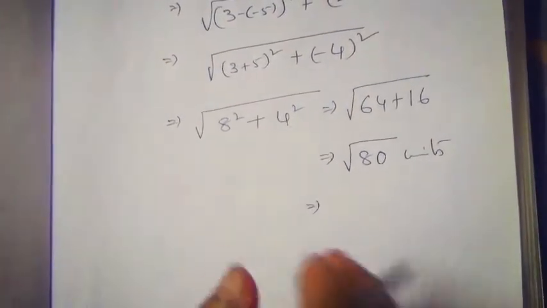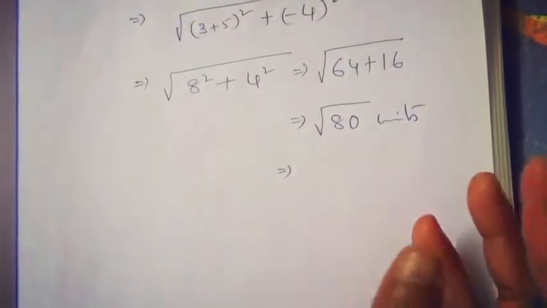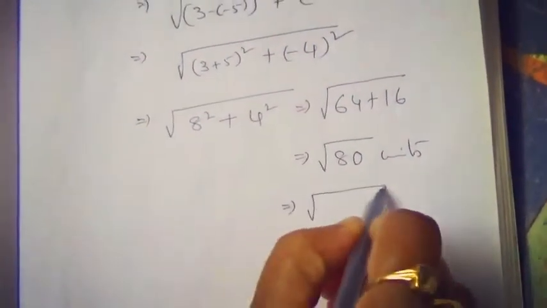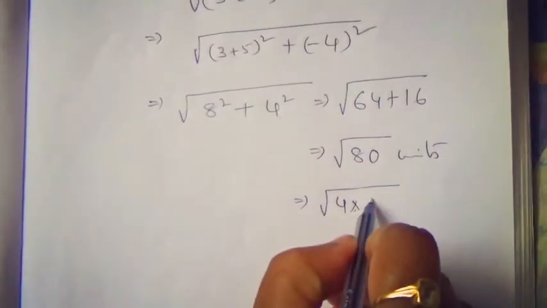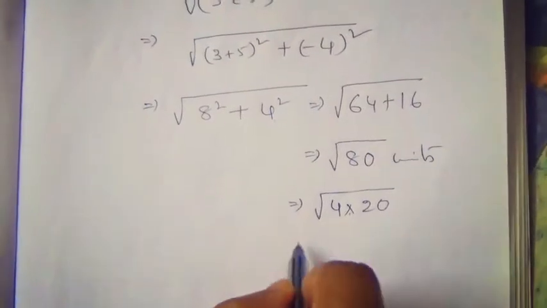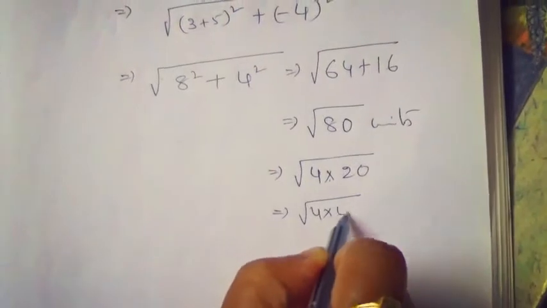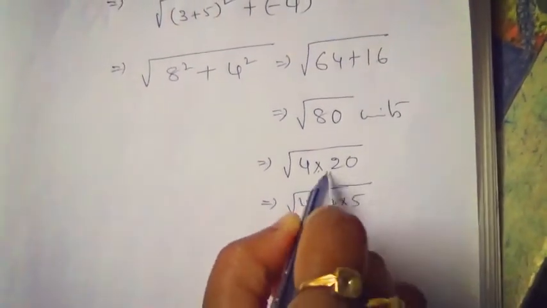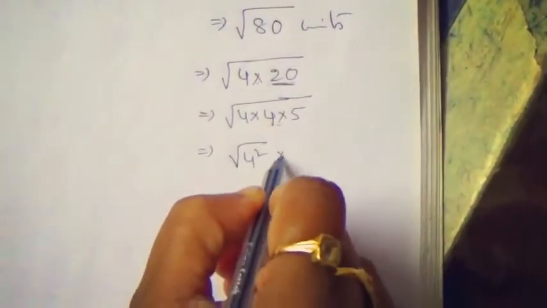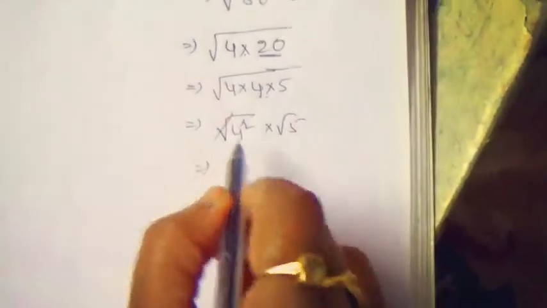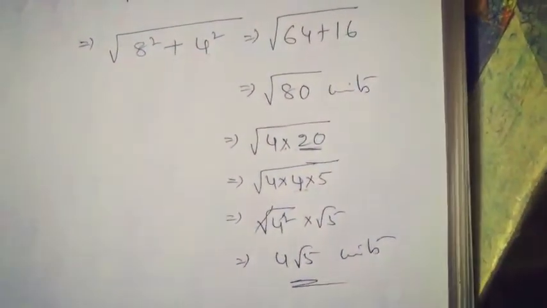If you want to leave it like this, leave it. Otherwise you can take the number out from the inside. We can write 80 as 4 into 20, so square root of 4 into 4 into 5. That implies square root of 4 square into square root of 5. The square root cancels the square, giving 4 root 5 units. That's it.